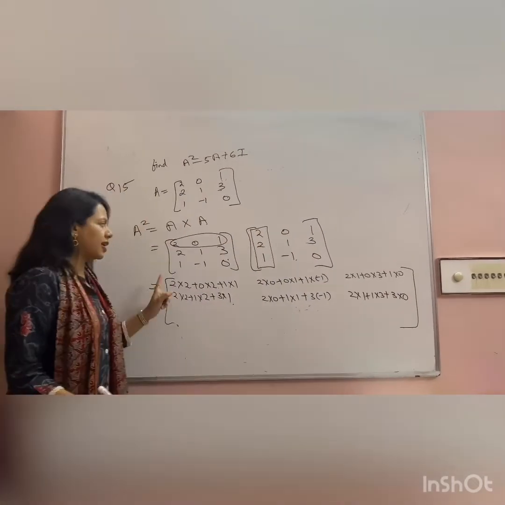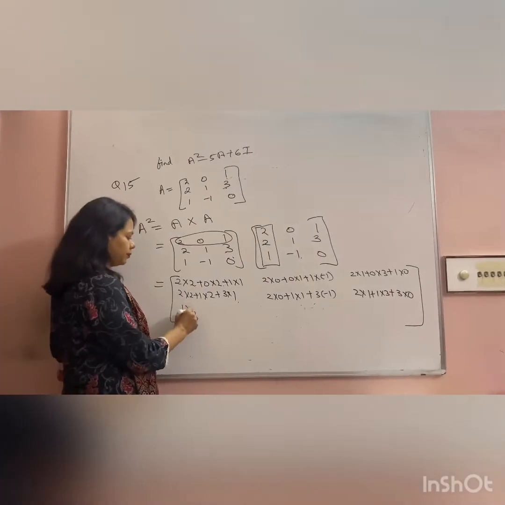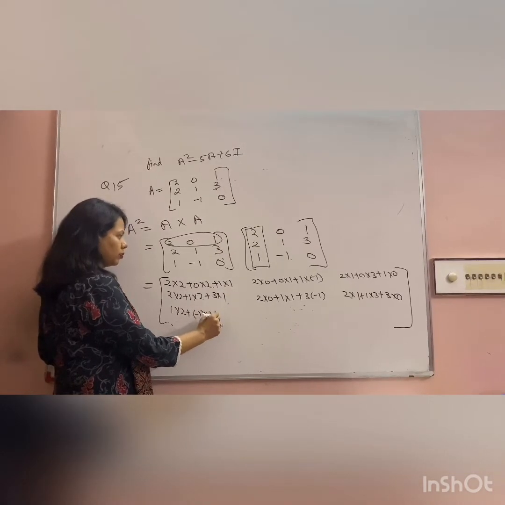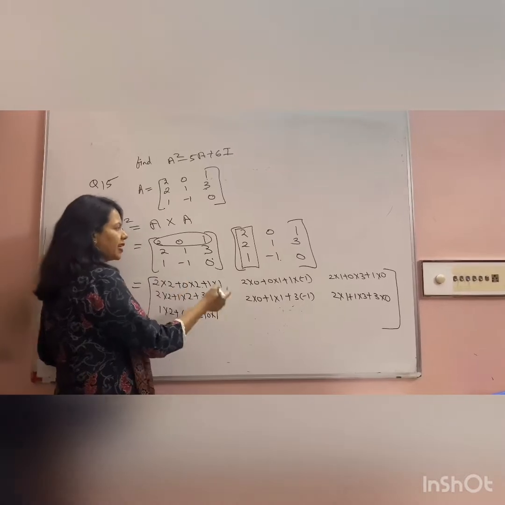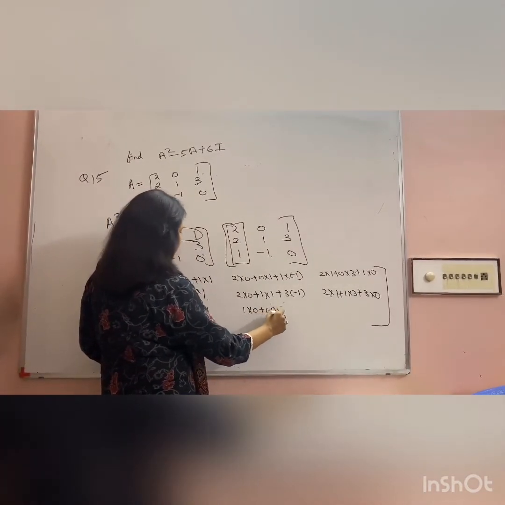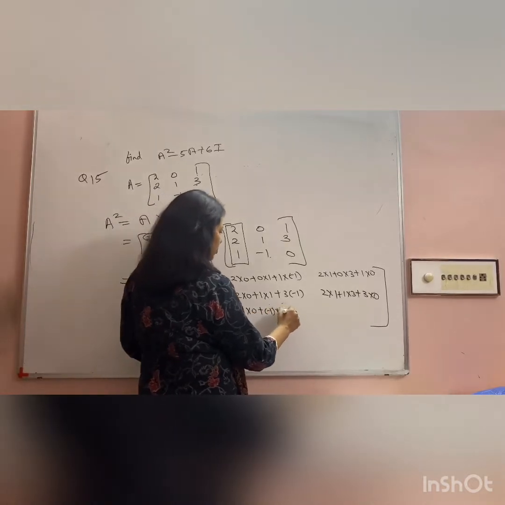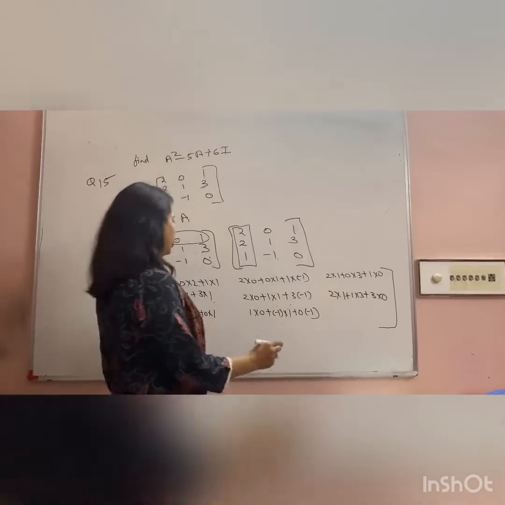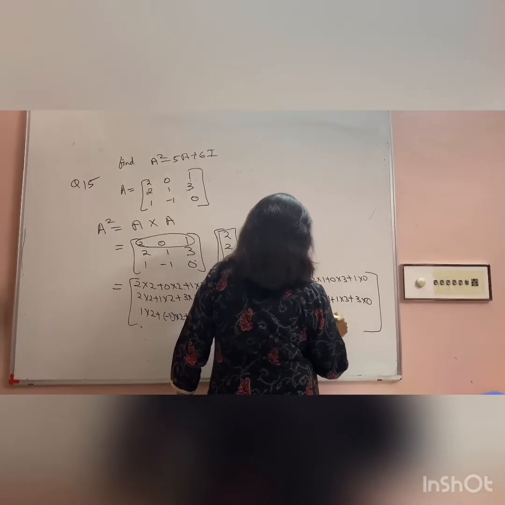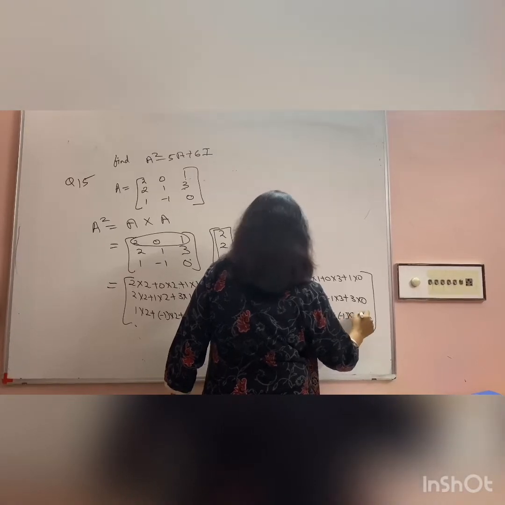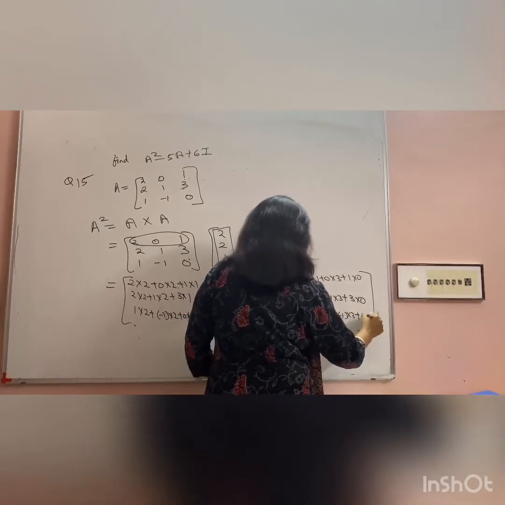In the same way, third row, first column, then third row, second column, and third row, third column: minus 1 into 3 plus 0 into 0.